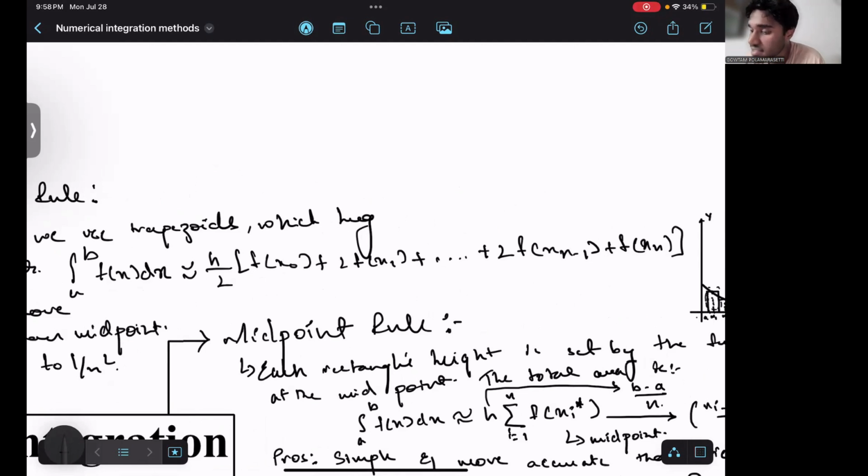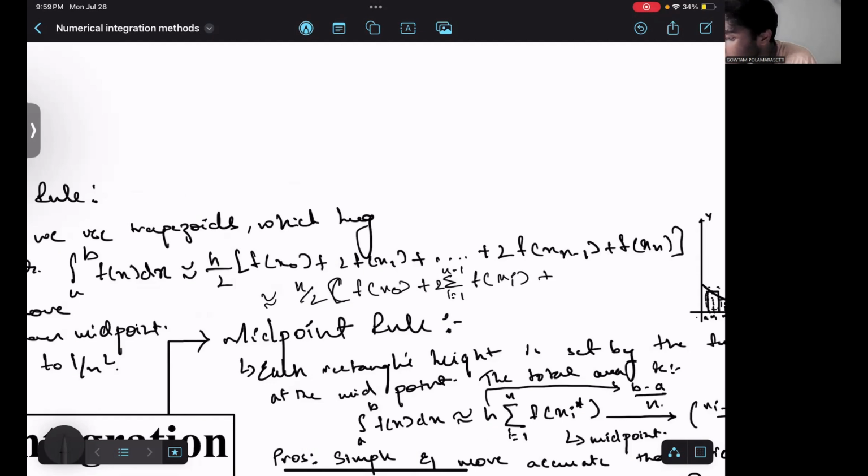So we can write this simply as half of the interval into f of x naught plus 2 into the summation of i equals 1 to n minus 1 of f of x of i plus f of xn. So in simplified terms, this is the formula for the trapezoidal rule.